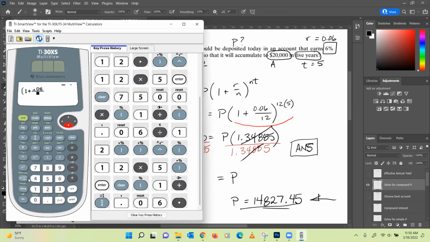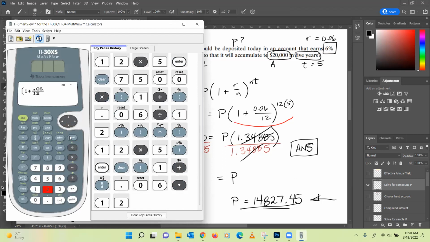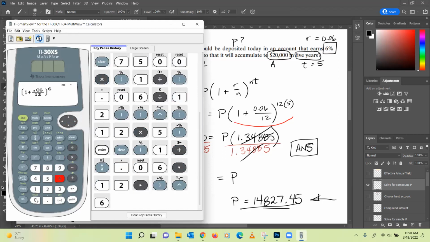And I'm going to divide that by 12. I'm going to get out of that fraction, close the parenthesis, and raise it to the, like I said, 12 times 5 is 60. And that gives me that 1.34885. Now notice down here, right above the minus sign, it says ANS. That's what I was talking about.